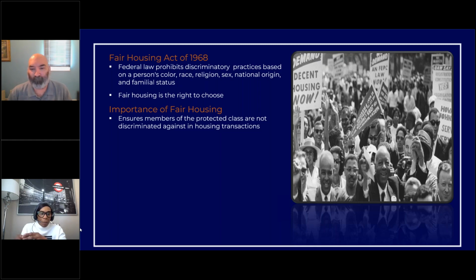Now, when I talk about the Fair Housing Act of 1968, I'm talking about the federal protections, because states do have protections within their state that extend beyond the Fair Housing Act. So just FYI, in this training, I'm just going to focus on the federal ones. And the importance of fair housing is that it ensures that all members of protected classes are not discriminated against in housing transactions. Can you click it for me, please?